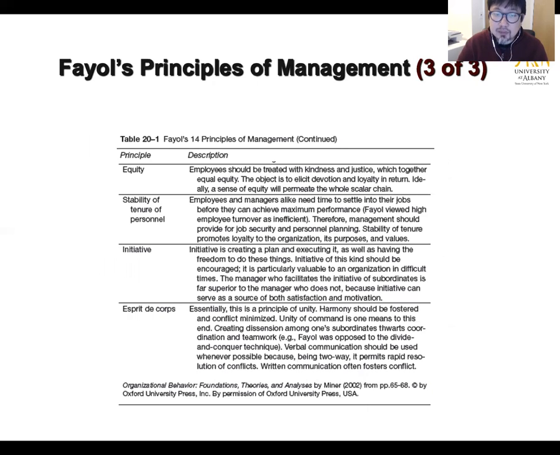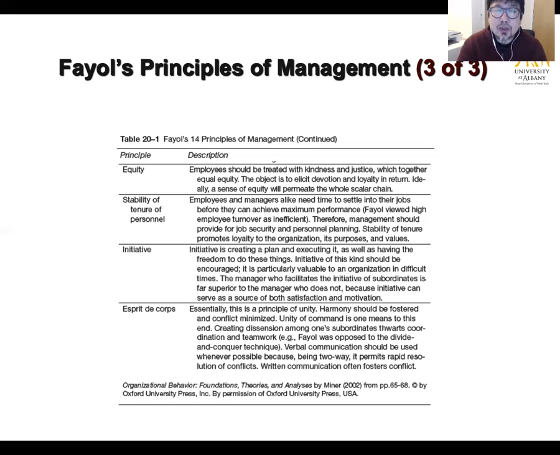Stability of tenure of personnel: employees and managers alike need time to settle into their jobs before they can achieve maximum performance. Initiative is creating a plan and executing it, as well as having the freedom to do these things. Esprit de corps is essentially a principle of unity. Harmony should be fostered and conflict minimized.